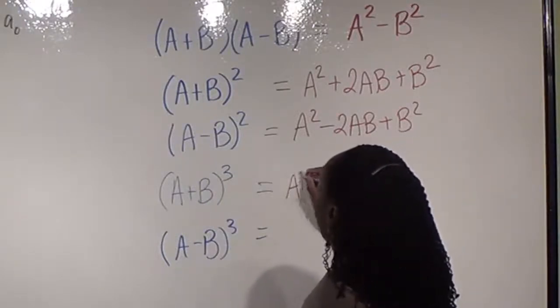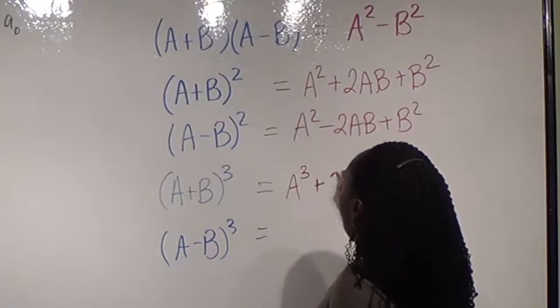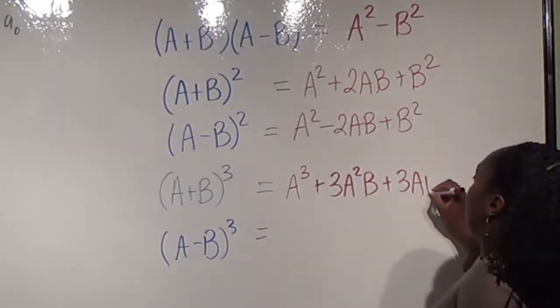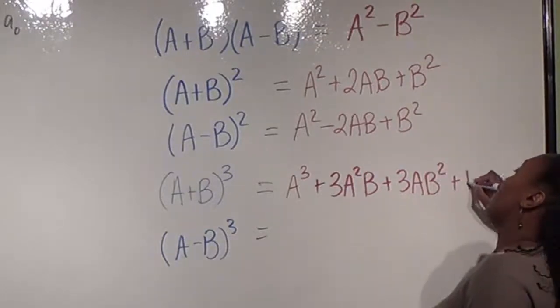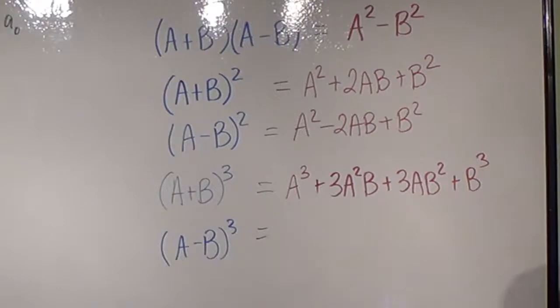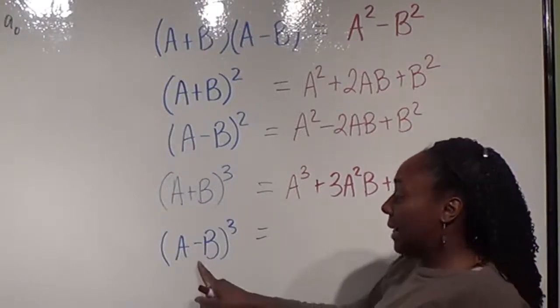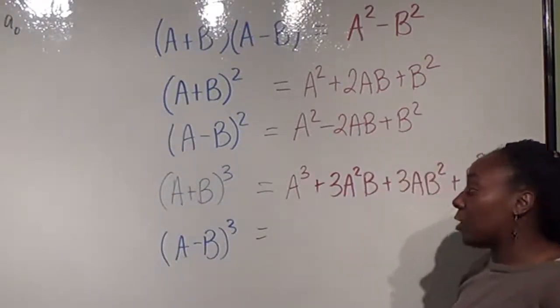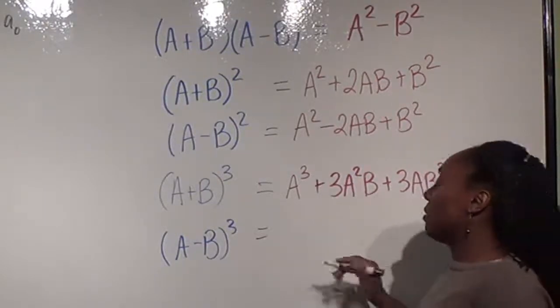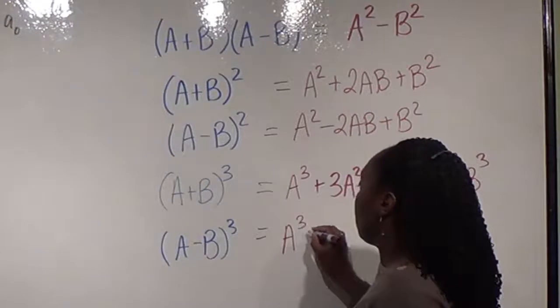I'm going to get an A cubed plus 3A squared B plus 3AB squared plus B cubed. So 1, 3, 3, 1, if I look at those coefficients. And nicely, if I'm doing the subtraction, I'm going to get the same terms. The only difference is the signs on them. So the signs are going to alternate.